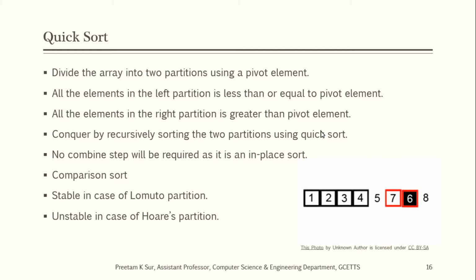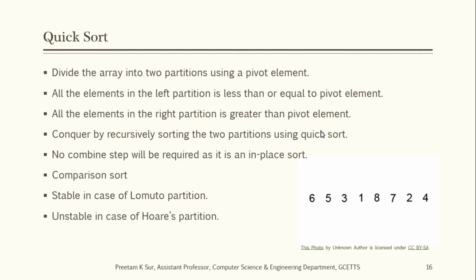In this animation, the Hoare partition is being shown. I have already shown you in the design and analysis of algorithms course how the Lomuto partition works using some animation. So let the animation begin from the beginning.